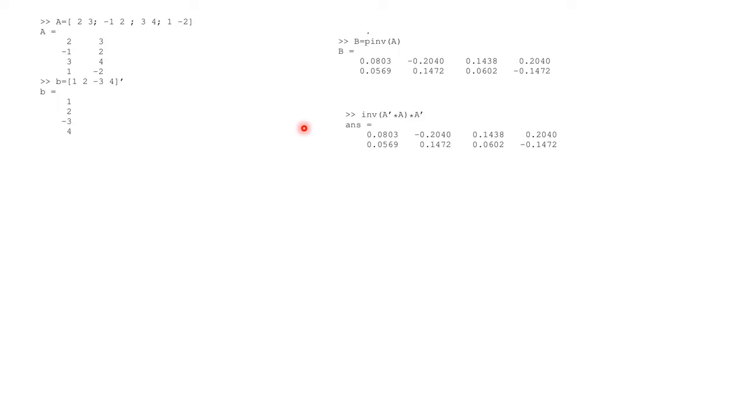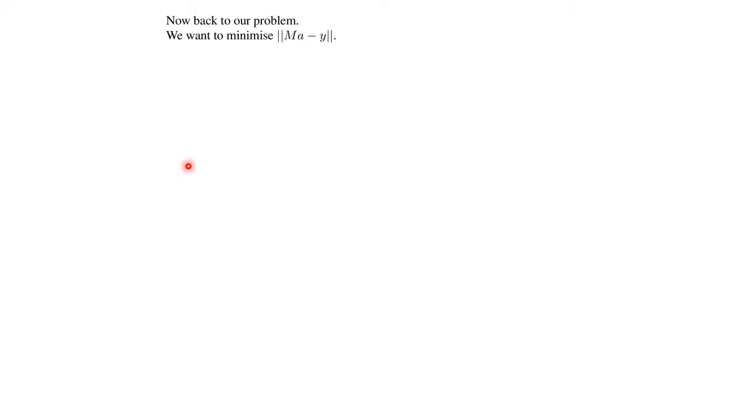Let's just try it out, just to illustrate it. Here's a matrix A and the corresponding b. Take the pseudo inverse of this and take what we said was the pseudo inverse, A transpose A's inverse times A transpose. It's the same thing. So there you are. Now this is what we wanted to minimize.